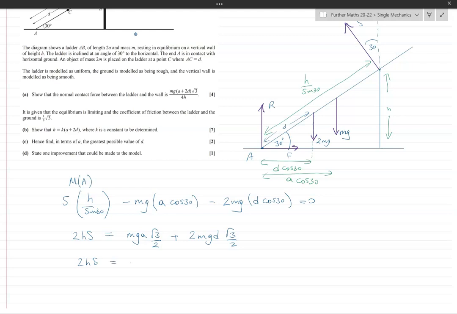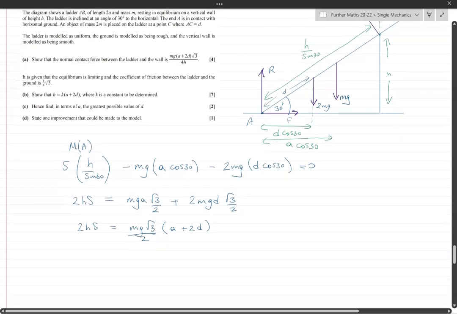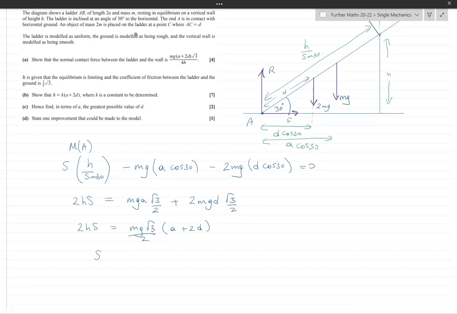For 2hS, we can take mg out as a factor, and also the square root of 3, and also the 2, and we're just left with a plus 2d. And we can readily see now this expression is there. So we've done it. Let's write it out exactly as it is in the paper.